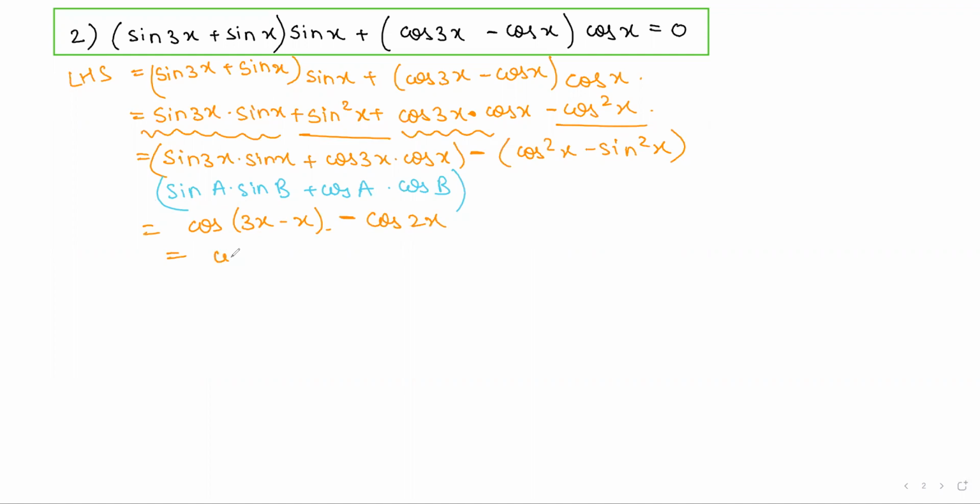This is cos 2x minus cos 2x, which will be equal to 0. And we know that this value will be equal to cos of A minus B by formula.